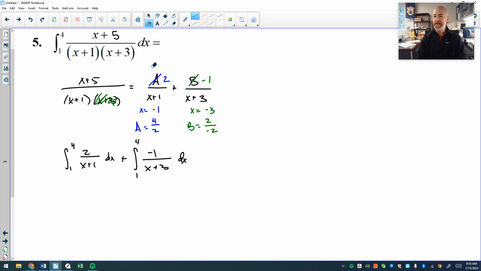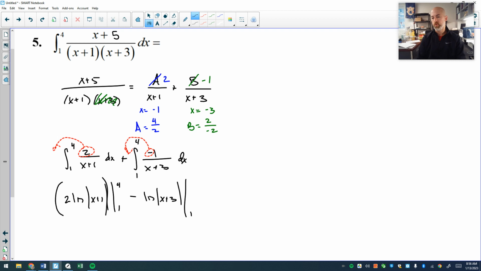And when I do the antiderivatives, we once again have a situation where I need the numerators to be 1. So if I take that negative out and I take that 2 out, I will have natural log situations. So I have 2 natural log of x plus 1 evaluated from 1 to 4 minus natural log of x plus 3 evaluated from x equals 1 to 4.